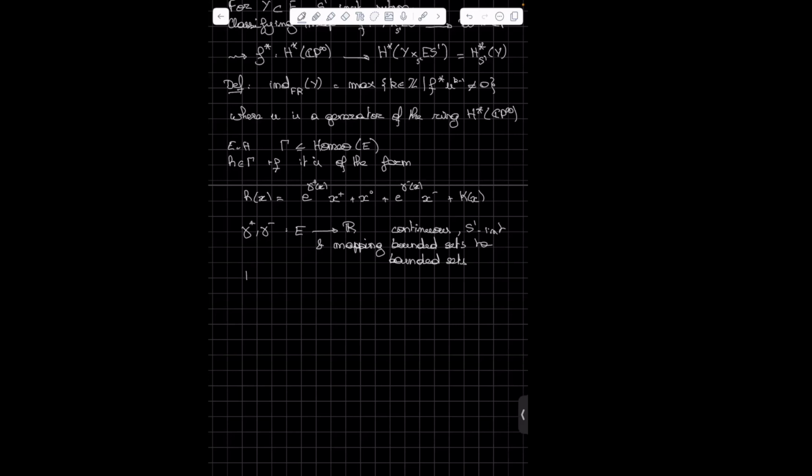And K is a map from E to E which is continuous, S1 equivariant, and maps bounded sets to precompact sets.